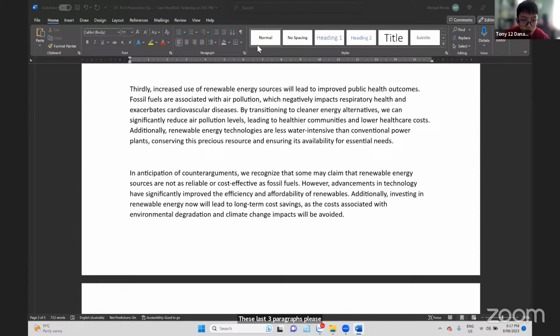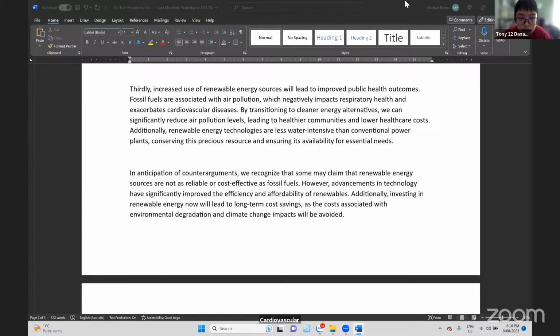Certainly. Increased use of renewable energy sources will lead to improved public health outcomes. Fossil fuels are associated with air pollution, which negatively impacts respiratory health and exacerbates cardiovascular diseases.